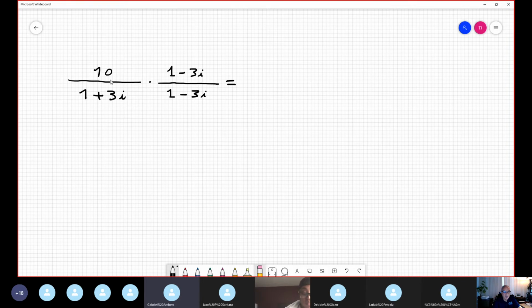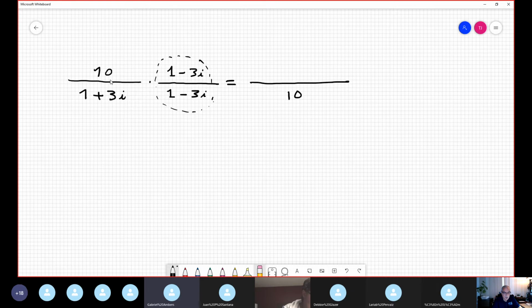So I put here totally artificially that part. When you multiply the bottom part, I know it's special, and the answer is 10. We did this before, right? 1 times 1 is 1, 3 times 3 is 9, and always plus. Don't be scared if you see a negative. This negative disappears. I prove it to you.